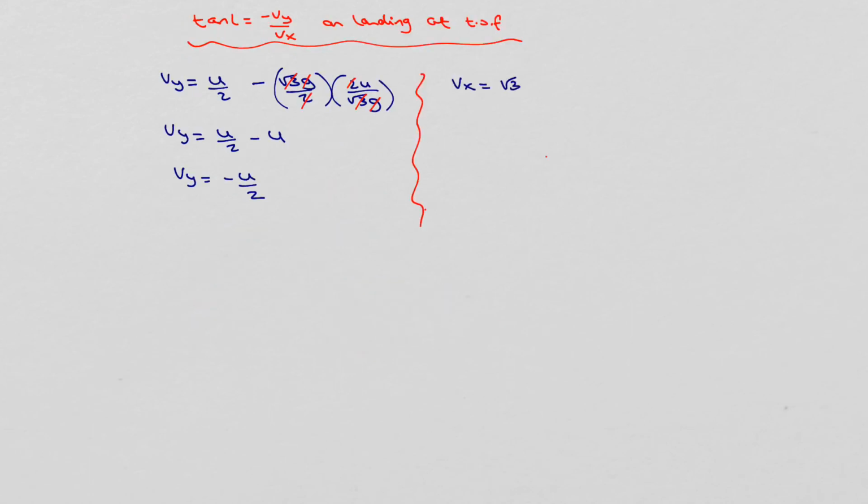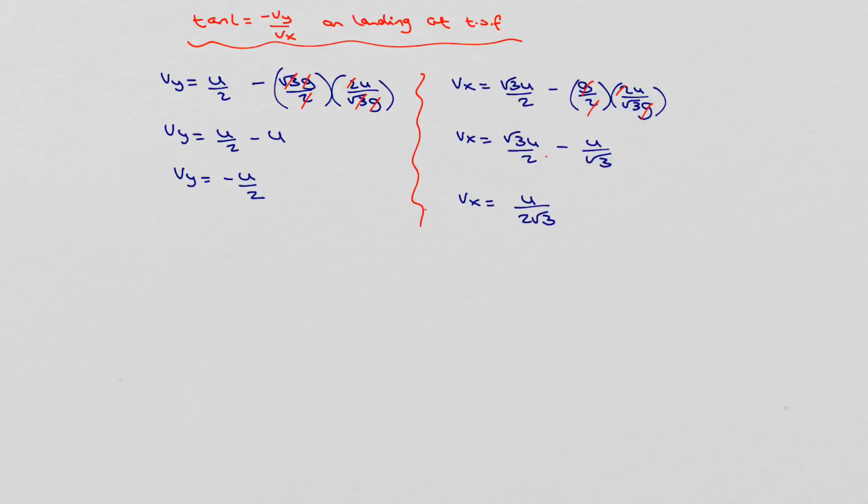So g goes into g once, 2 goes into 2 once, and that leaves us with root 3u over 2 minus u over root 3. And then if I add those two together, the lowest common denominator there is 2 root 3. That gives me u over 2 root 3.